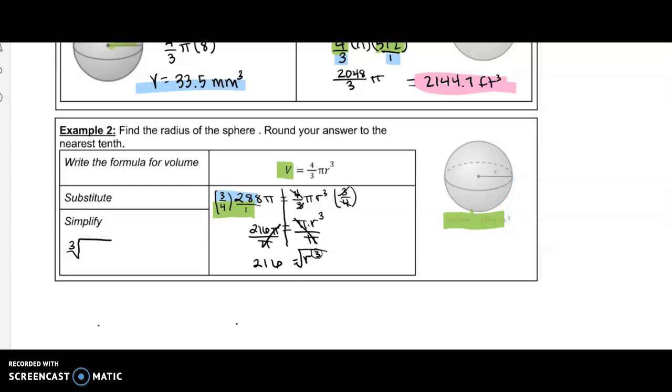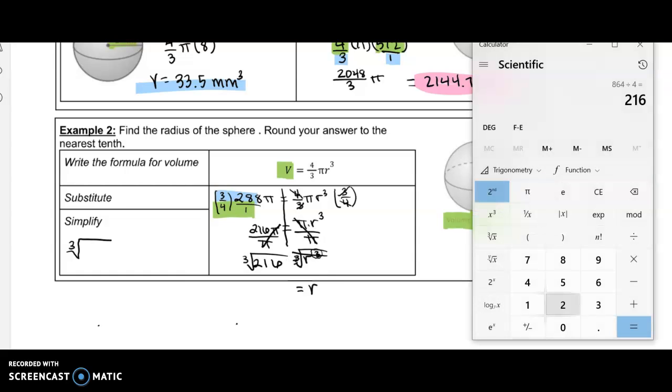So we take that cube root of both sides, and that cancels our exponent. And so we have radius equals 216 cube root, and that's 6.